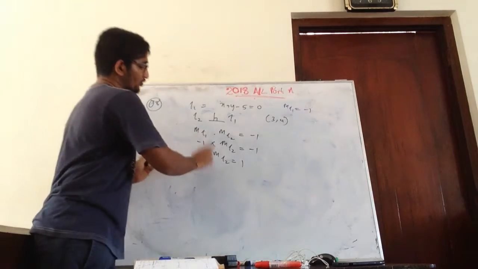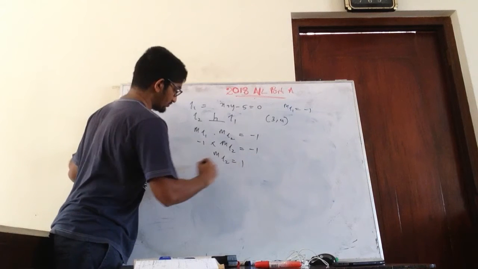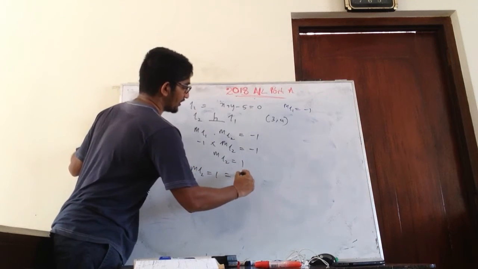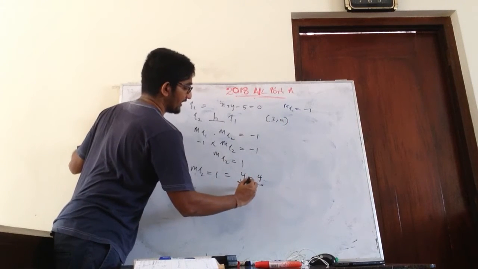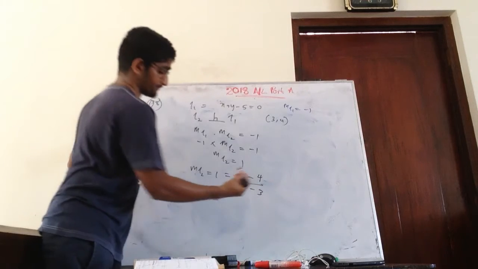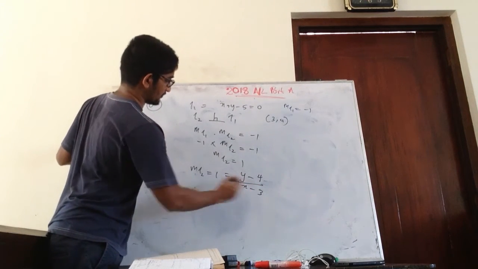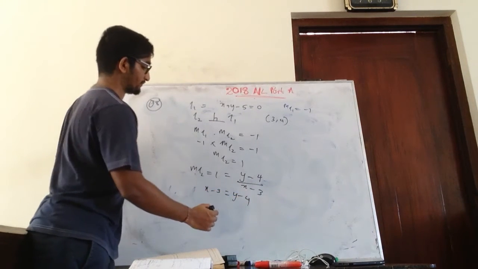Correct? So what is ML2? ML2, 1 can be written as (y minus 4) over (x minus 3). Correct? So now we can get the answer. So now this is going to be x minus 3 equals y minus 4.